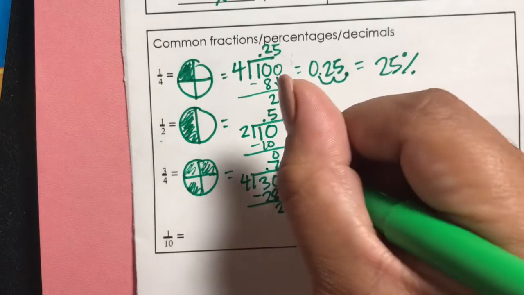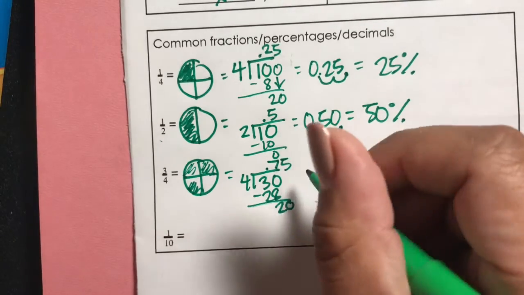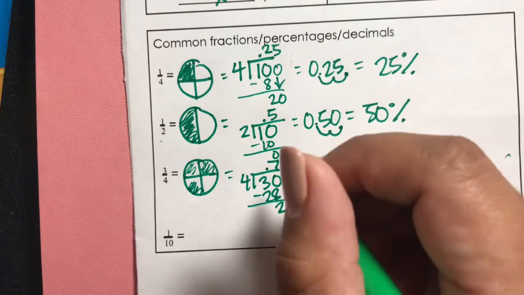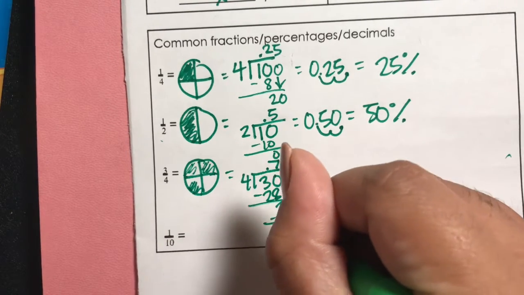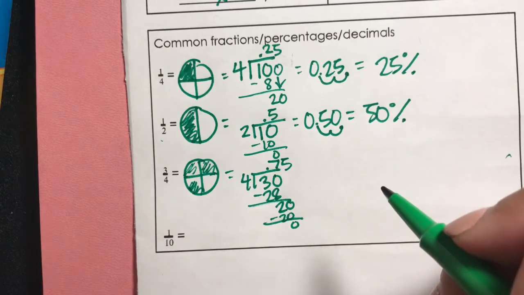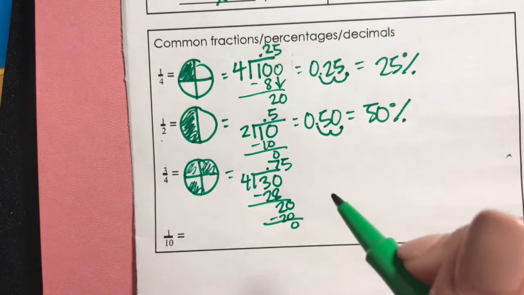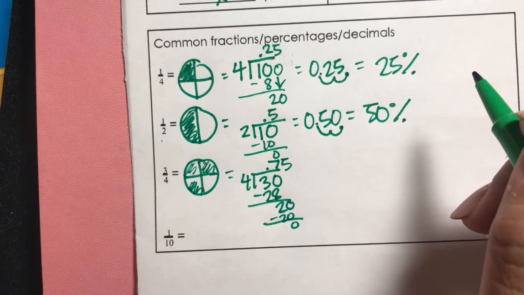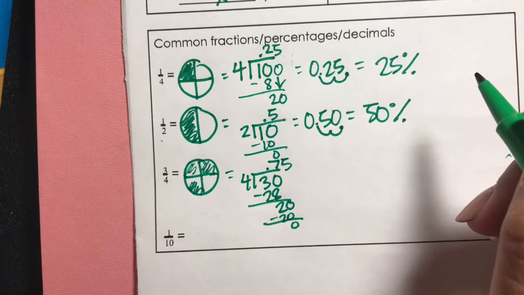Add a 0, 4 into 20 is 5. 4 times 5 is 20, and then you subtract 20, so you're left with no more remainder. So you have 0 and 75 hundredths.